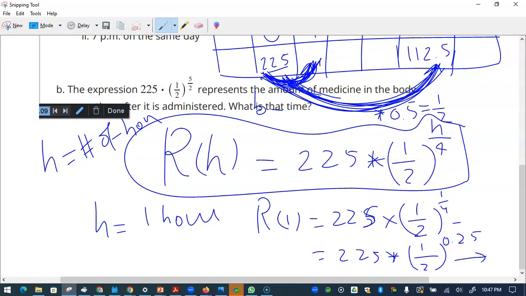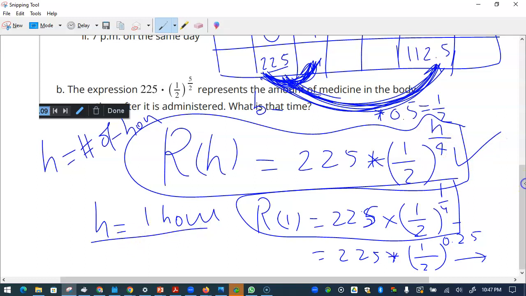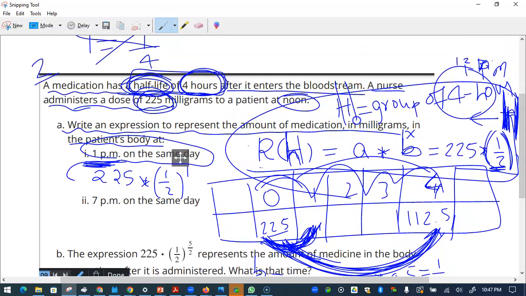You use the calculator and you can get the answer. But the main expression is writing 1 divided by 4. H lowercase stands for number of hours. If I write H uppercase, that's like every 4 hours. That's different. In a group of 4 hours, we use uppercase H, but for every hour it is lowercase and you have to divide it by 4.